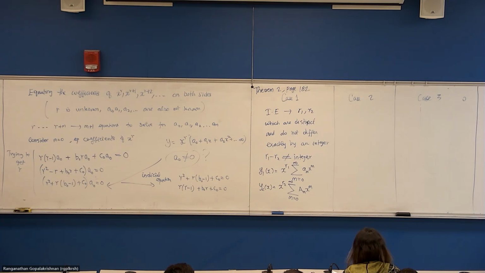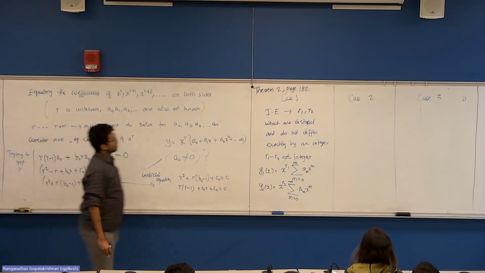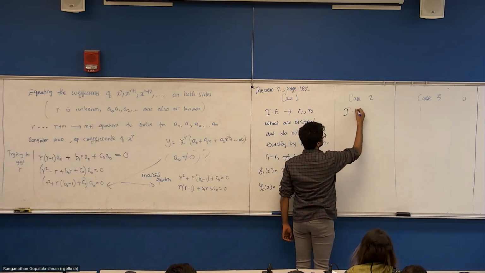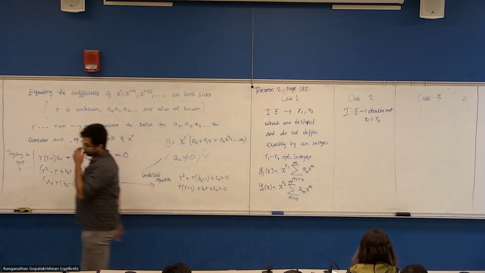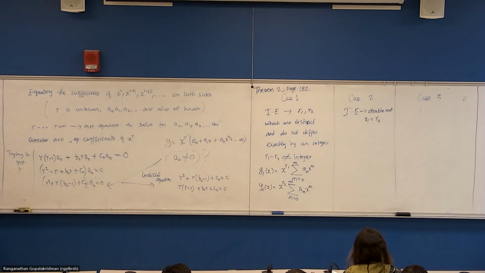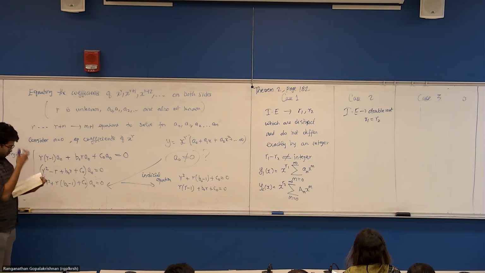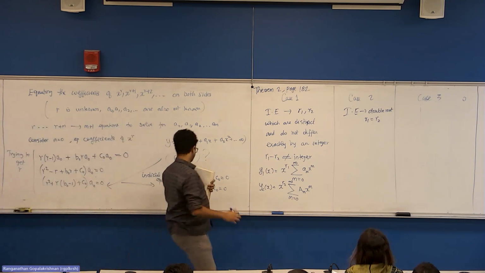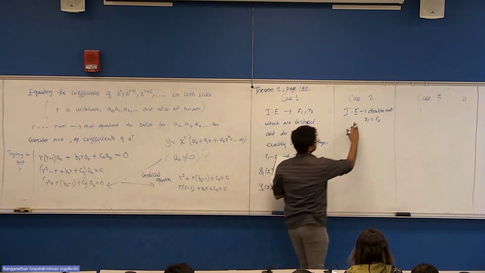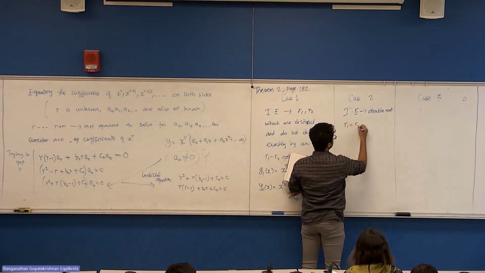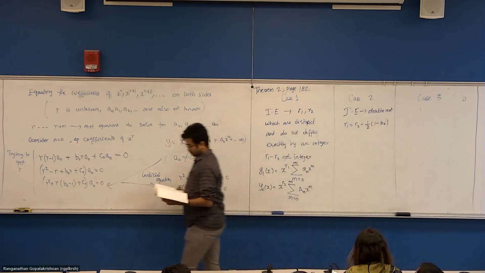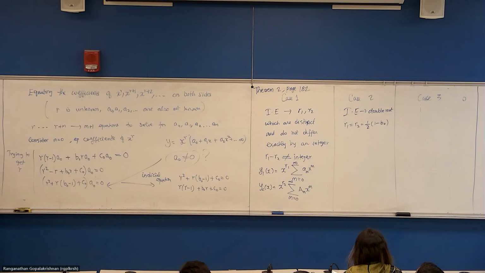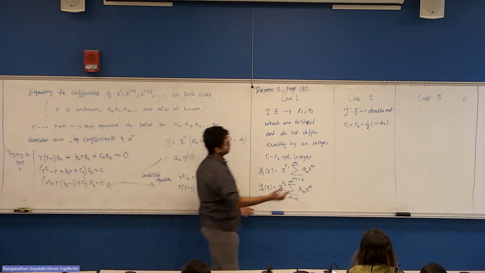Case 2: the indicial equation gives a double root, meaning r1 equal to r2. Of course, if it's a double root, it's a special case. You can write this r1 equal to r2 equal to half of 1 minus b naught. I'll just call it r1.